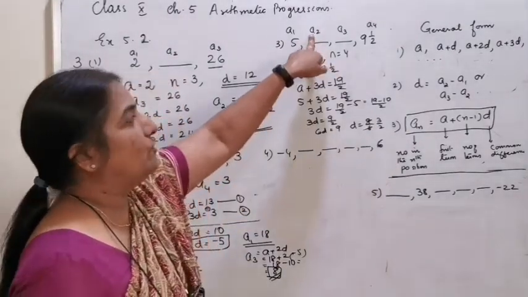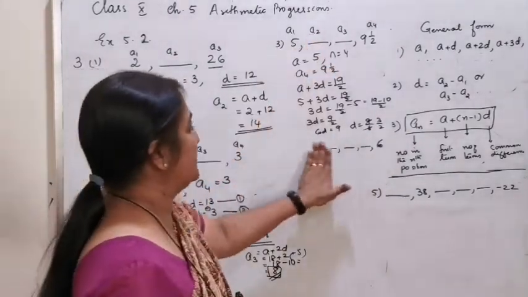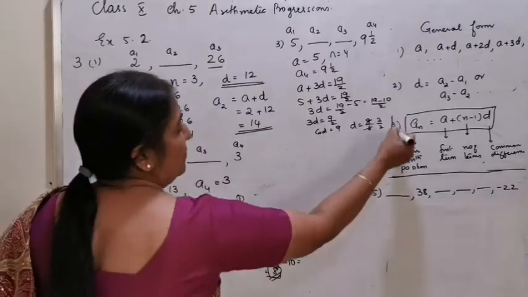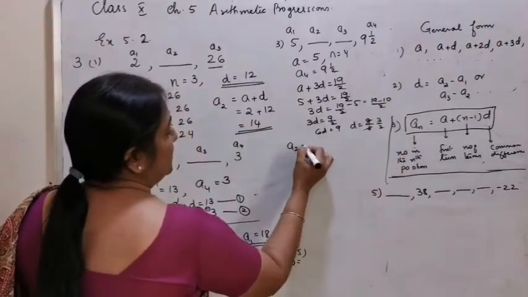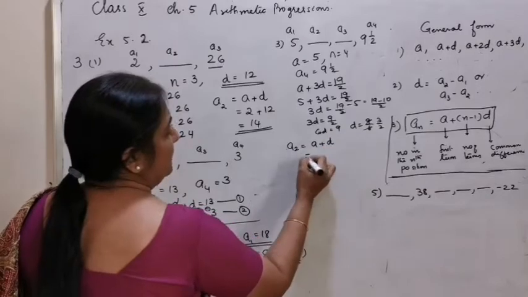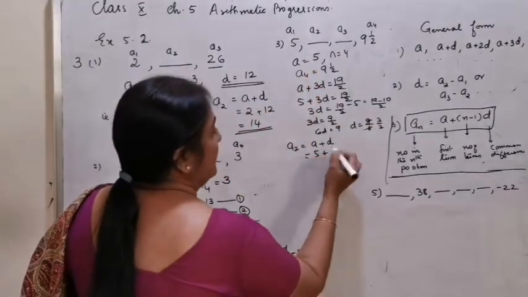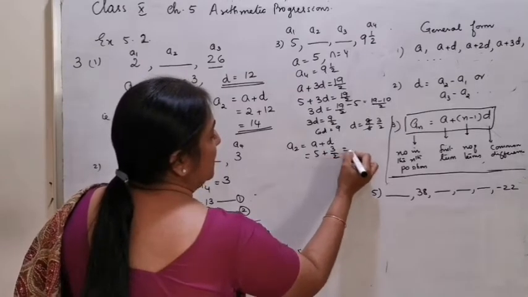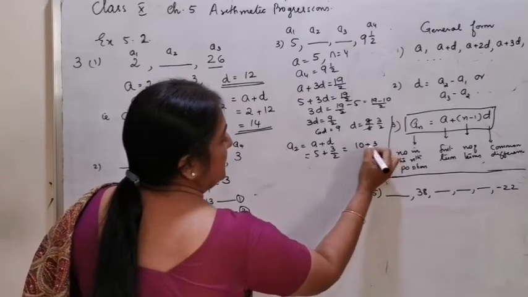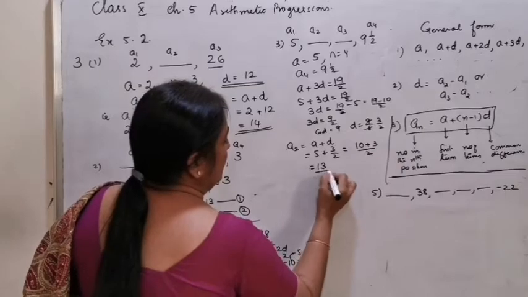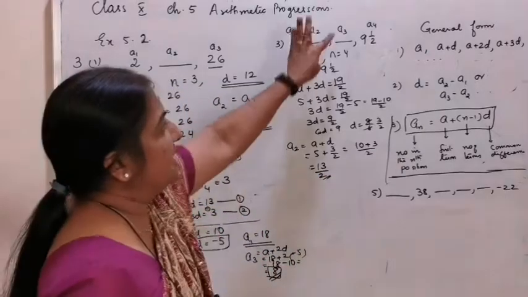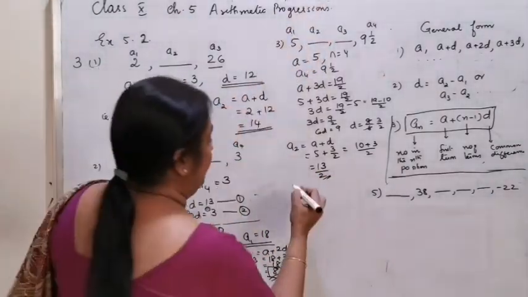You have to find out what is A2 and what is A3. What is the value of A2? A2 is equal to A plus D. What is the value of A? 5 plus D value is 3 by 2. LCM: 10 plus 3 by 2 which is equal to 13 by 2. The next value, A3.